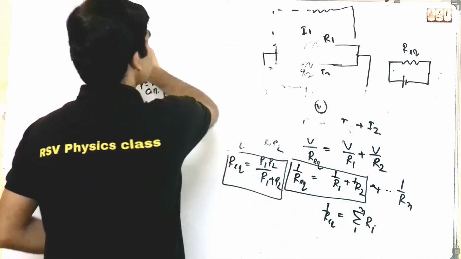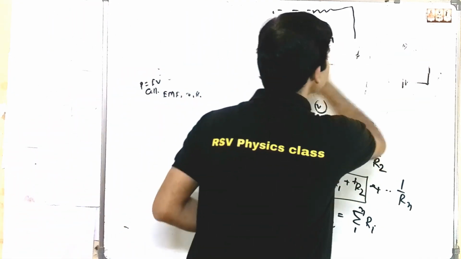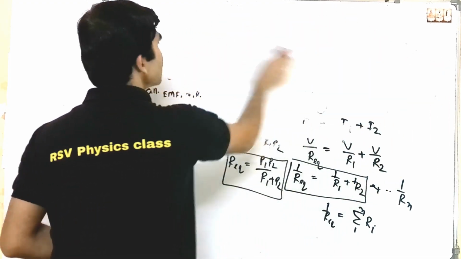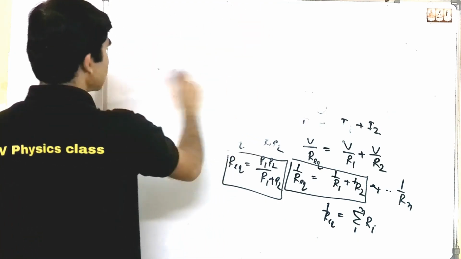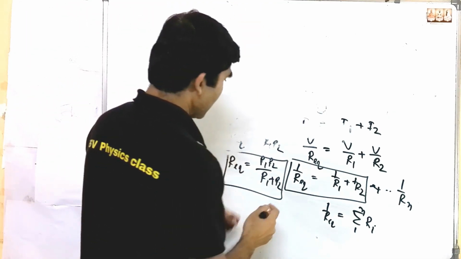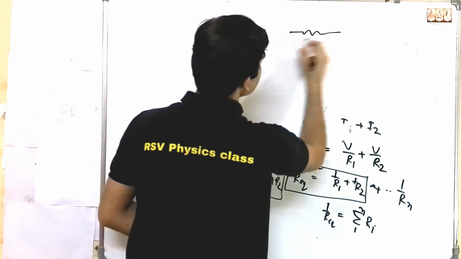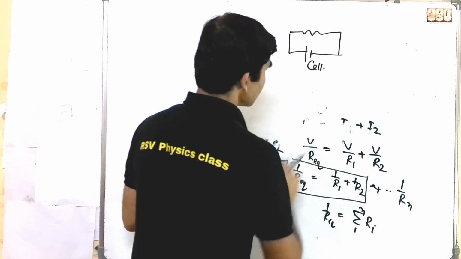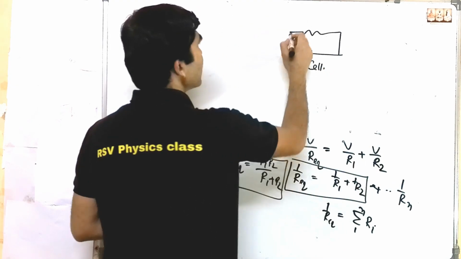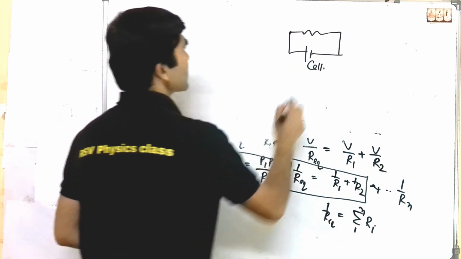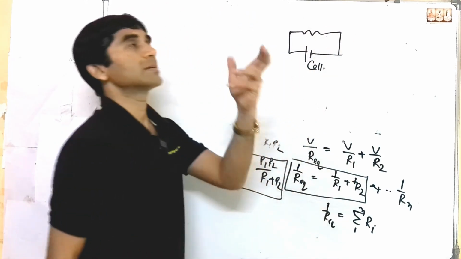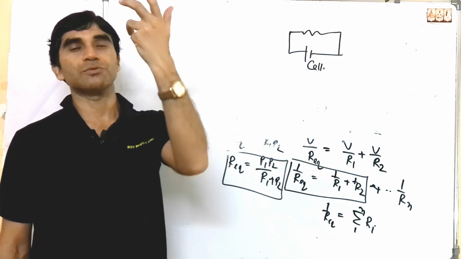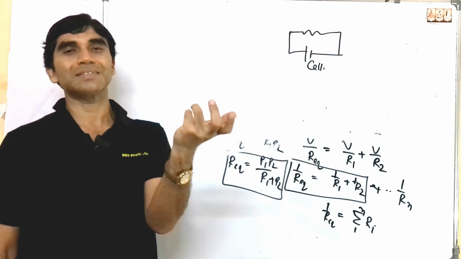Now I will be discussing EMF, voltage, and what EMF is: electromotive force. Here is the circuit with a cell, a battery, and a resistance. Every device, every electronic gadget, like your bulb or your fan when it is running, is taking energy.